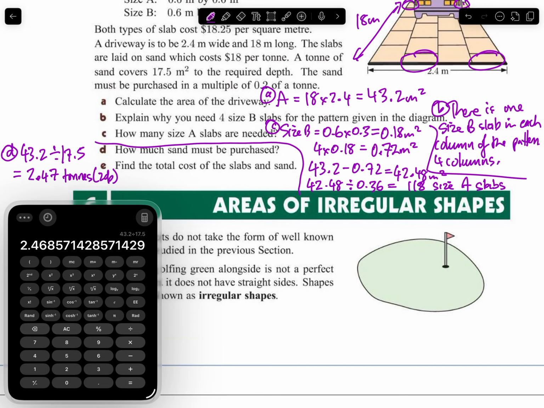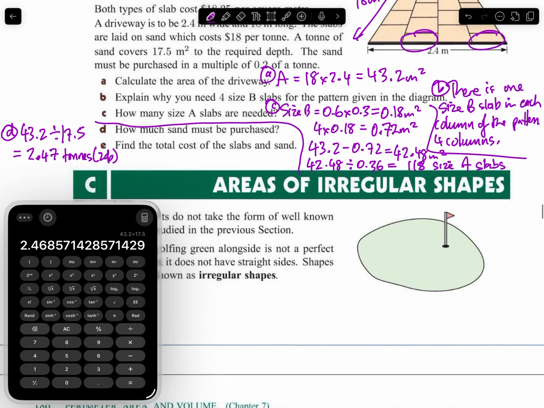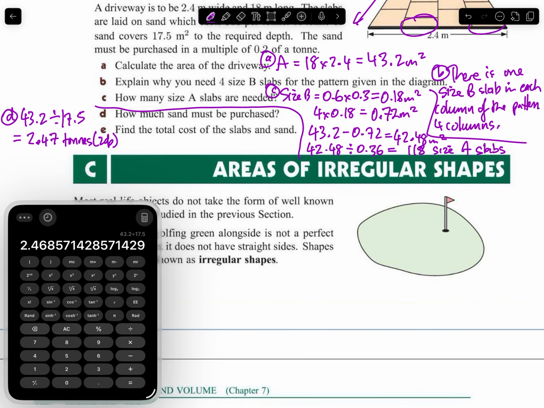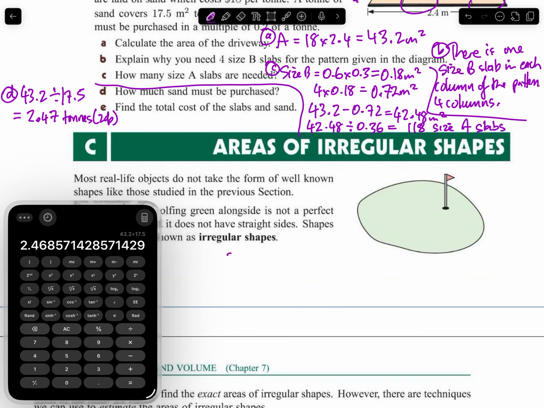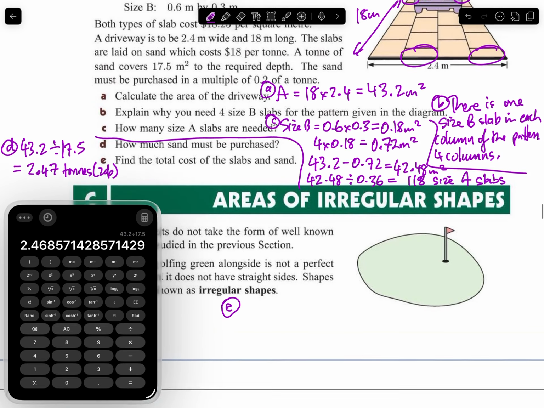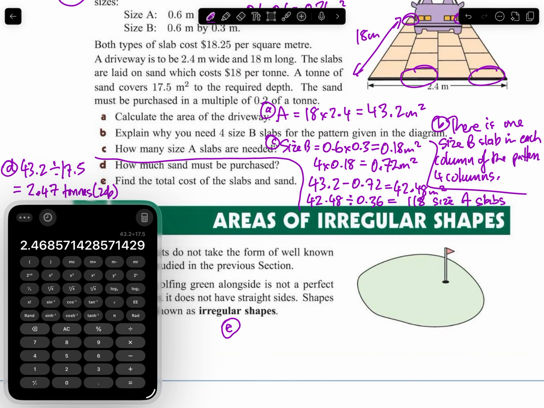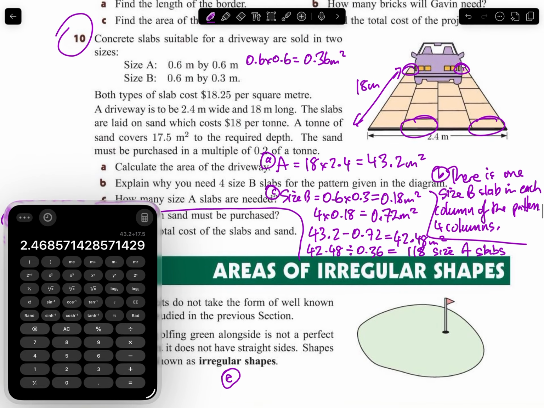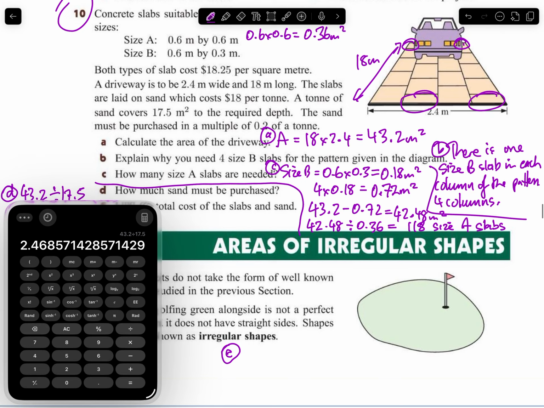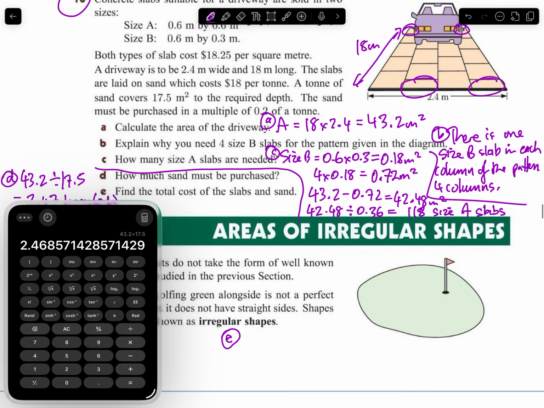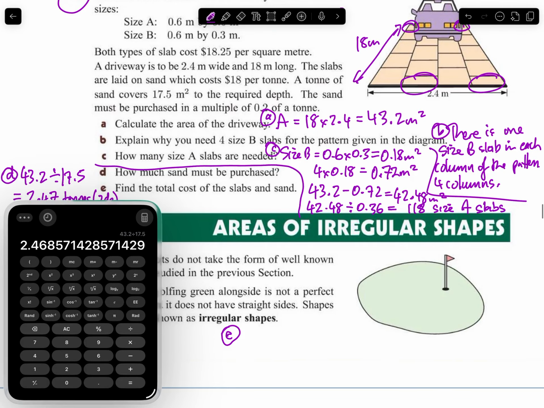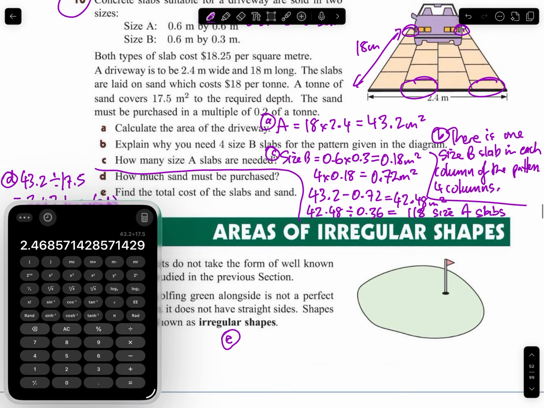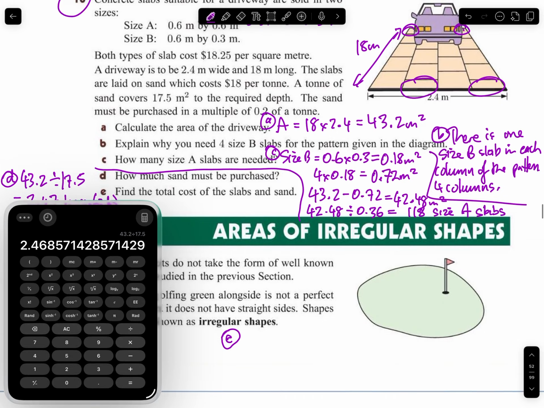Find the total cost of the slabs and sand. Let's answer E down here. Slabs. Both types of slabs cost $18.25 per square meter.